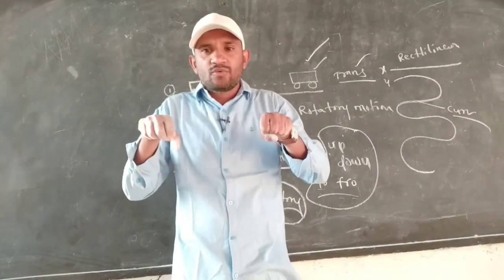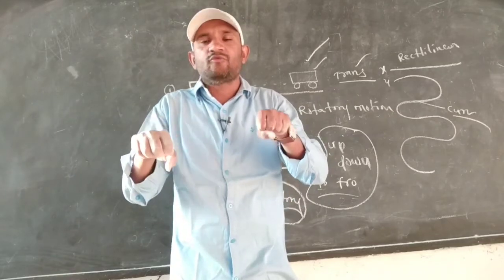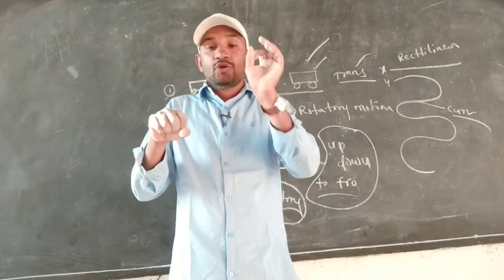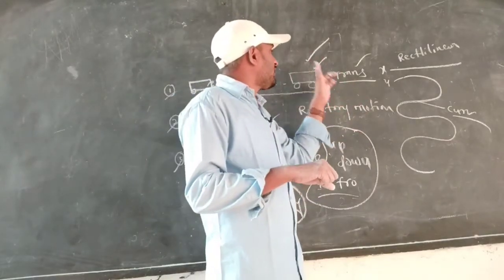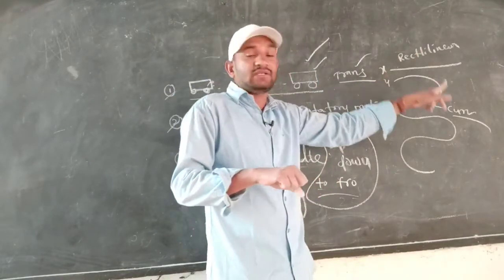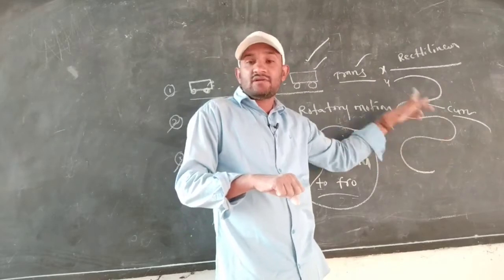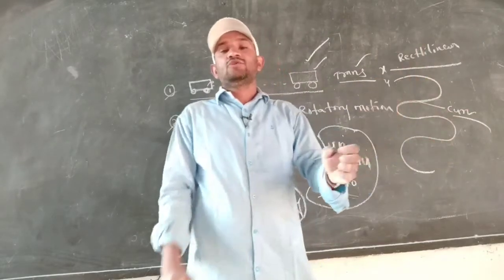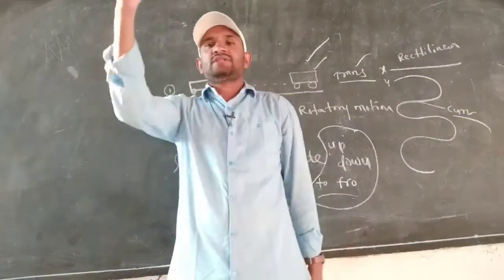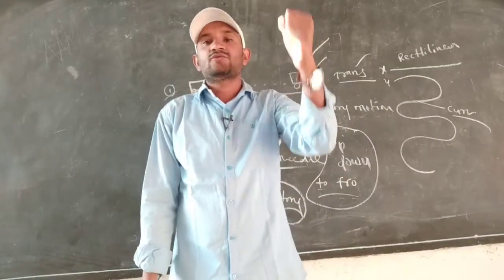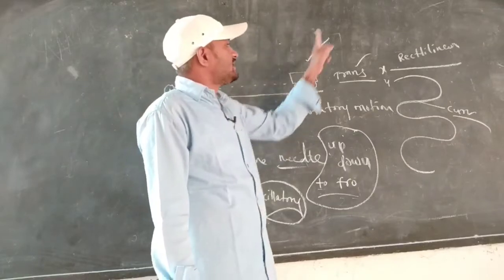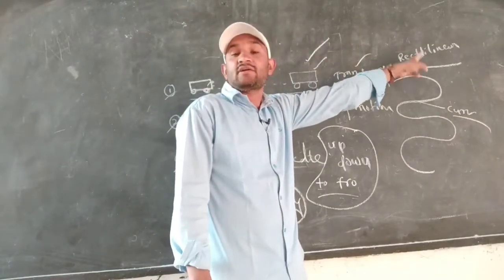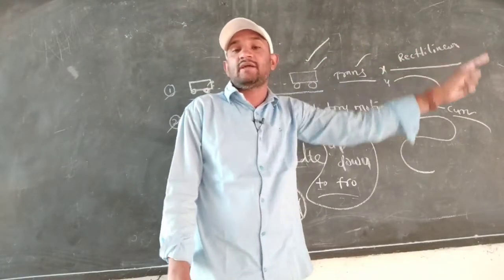Suppose you are moving on the road with a bicycle. Your motion is always translatory with curvilinear. Soldiers marching fast on the road means translatory with rectilinear.